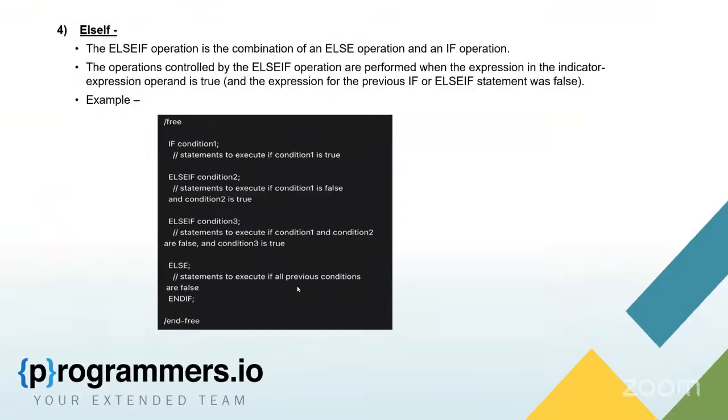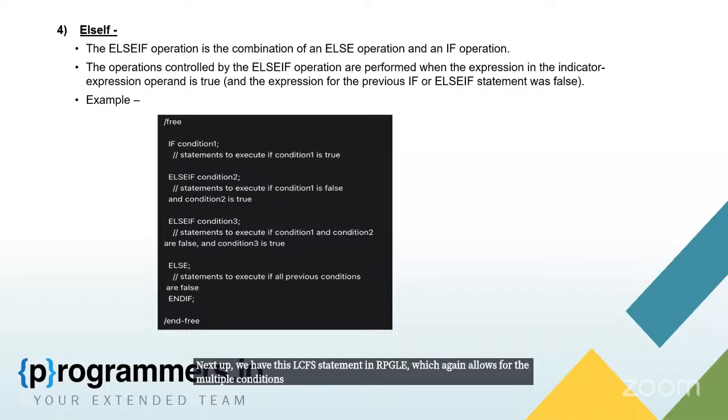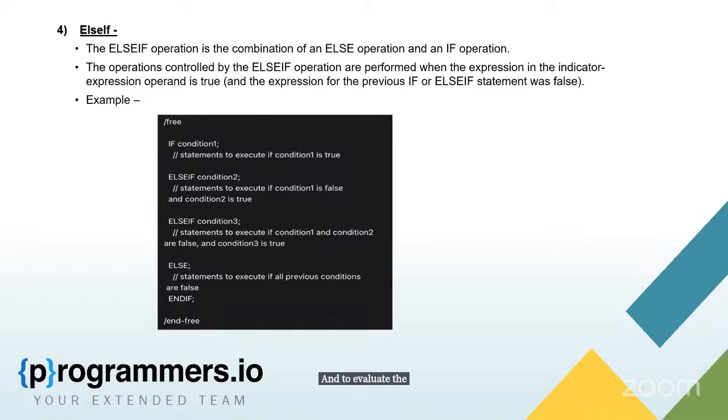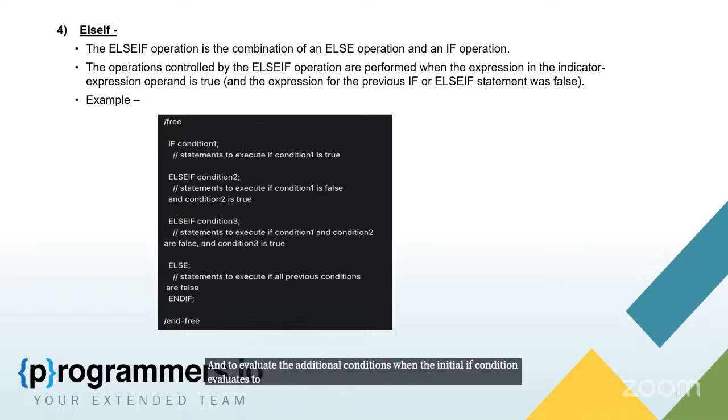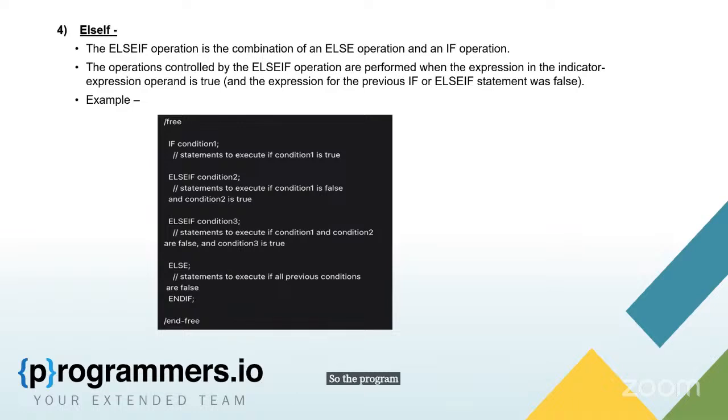Next up, we have this else if statement in RPGLE, which again allows for multiple conditions within the conditional logic. This else if statement is also used in conjunction with the if statement, to evaluate additional conditions when the initial if condition evaluates to false. The program evaluates each condition in order.